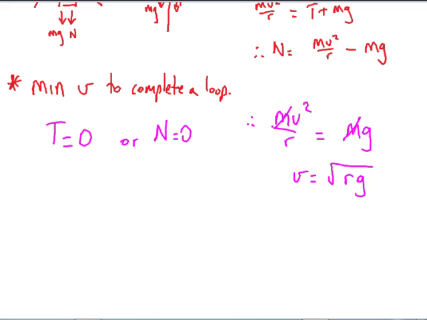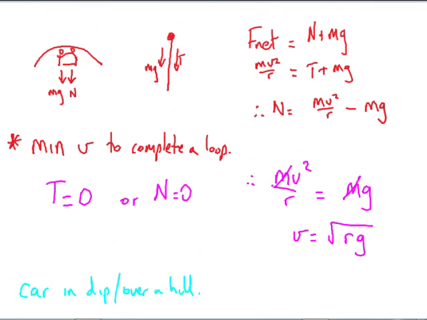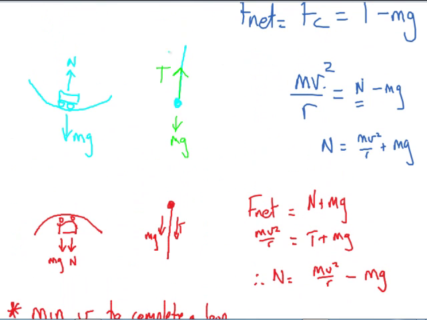The other scenario that comes up will be car in dip or over the hill. You'll notice if a car's going through a dip, it will be exactly the same as it is for the bottom of the roller coaster.